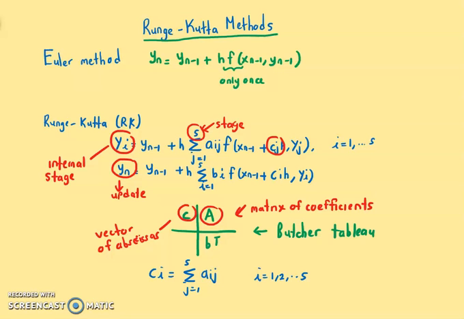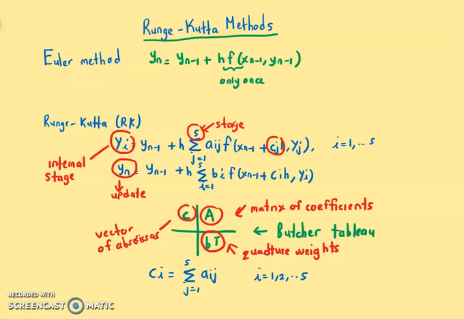And this b is the quadrature weight. So this b indicates how the approximation to the solution depends on the derivatives of these internal stages.